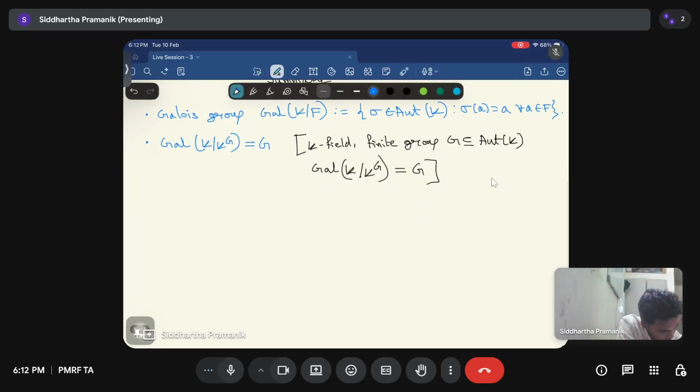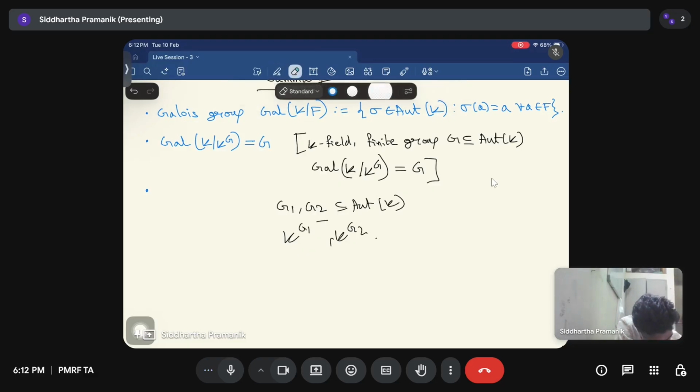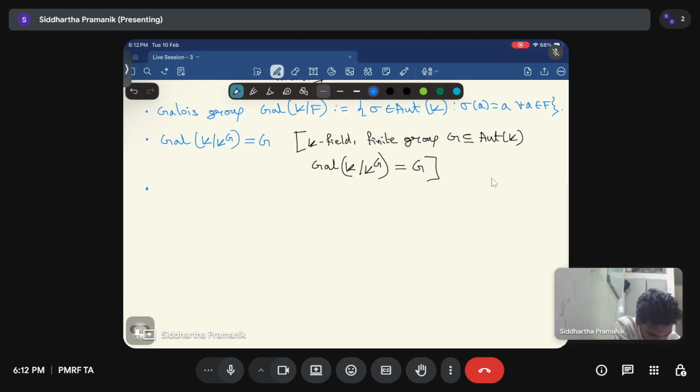So this is the statement. And as a corollary, we have seen that if we take two different groups of automorphisms, then their fixed fields have to be different. They cannot be the same. So let me write that. Different groups of automorphism cannot have the same fixed field.